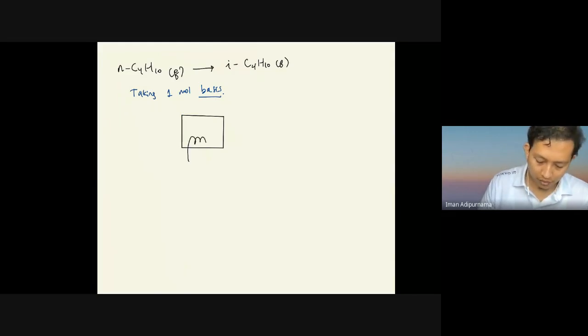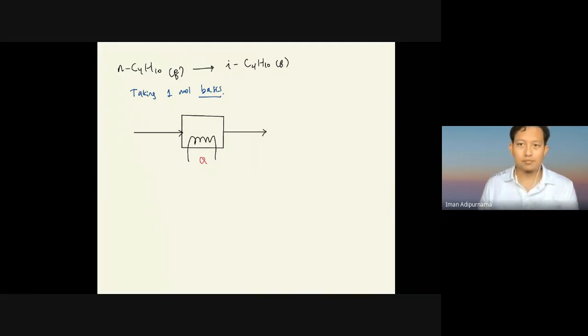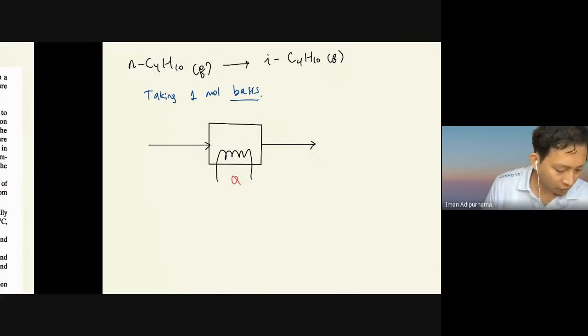We will have a heat transfer here, and this is going to be the feed stream, and this will be the output. It will be 93 mole percent of butane, so I will write 93%. From 1 mole, it will be 0.93. That will be our mole for the butane.